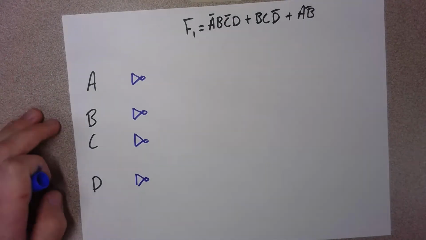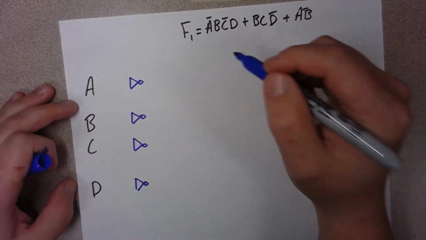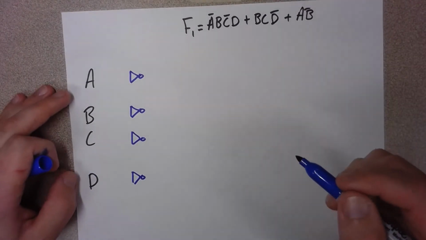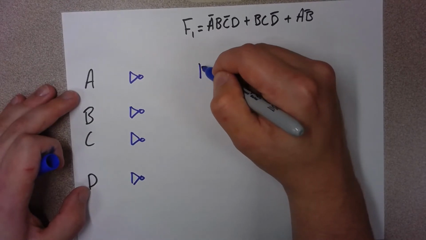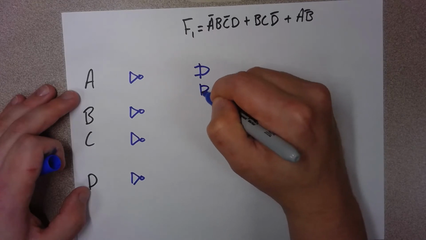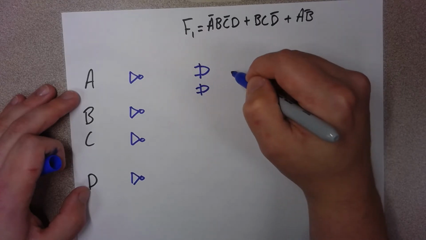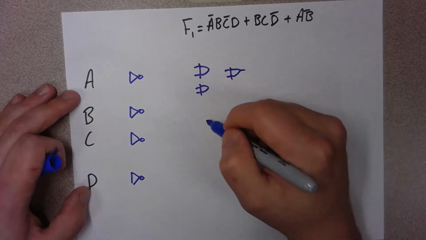But this time what we're going to change is swap out that 4 input AND gate for 3 2 input AND gates. The way we do that is we have one 2 input gate here, another 2 input gate, and then a third one that both of those lead into.